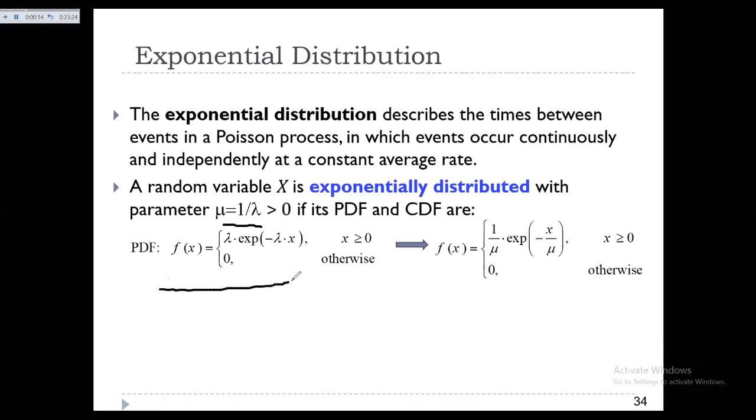The density function is lambda e raised to the power negative lambda x, or if you use a parameter of 1 over mu, then you have 1 over mu times e raised to negative x over mu. If you are to plot the probability distribution for an exponential process, you make use of this function.